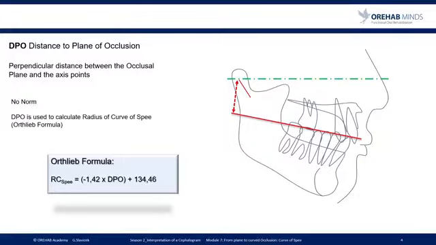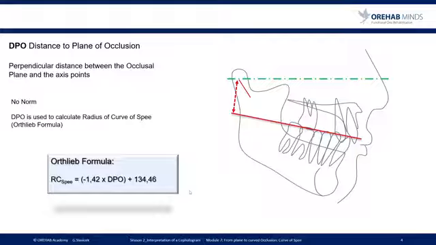He found a negative correlation of this distance, the perpendicular distance of occlusal plane to the hinge axis, to the radius. That means the smaller this distance, the bigger the radius.